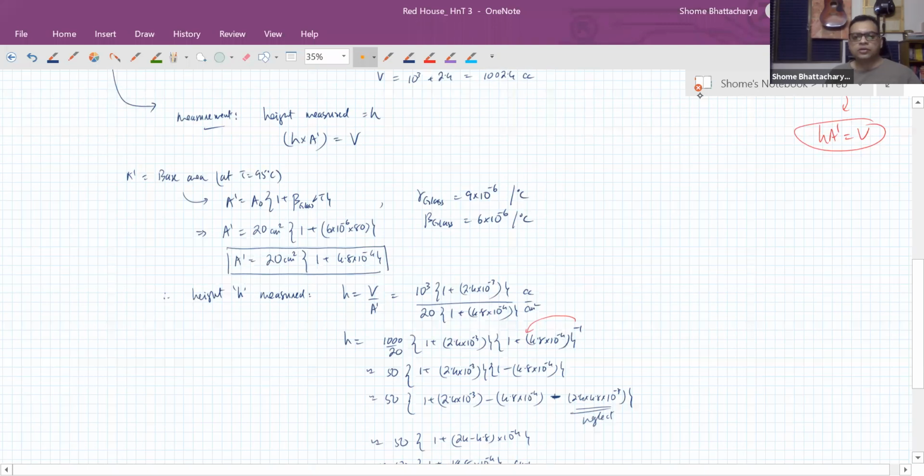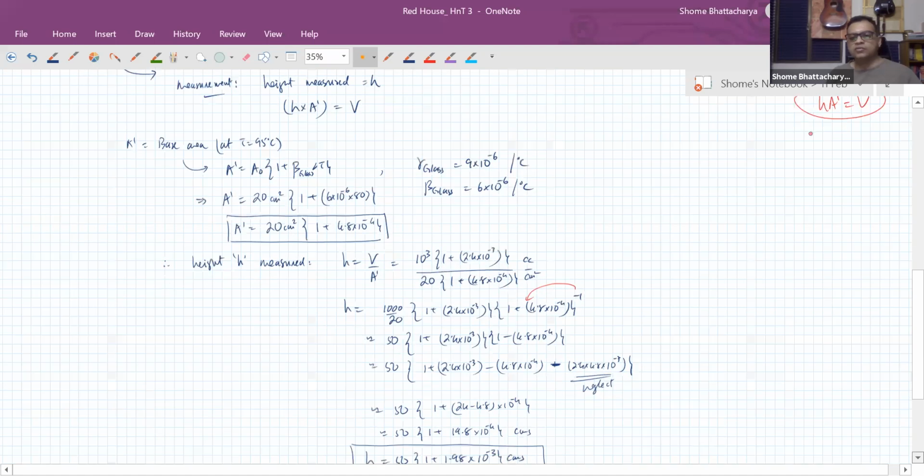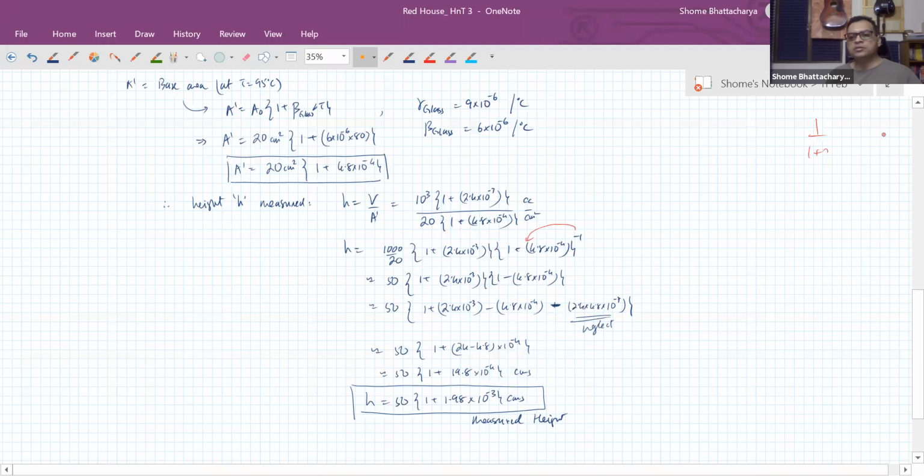Good, good. Okay, so now see, I'm just using that trick of binomial approximation. 1 upon 1 plus x can always be approximated as 1 minus x if x is very small compared to 1, because 1 upon 1 plus x is equal to 1 plus x to the power minus 1. It becomes 1 minus x. So that's the trick here. And then one more term I've neglected. This term, its order of magnitude is 10 raised to minus 7.